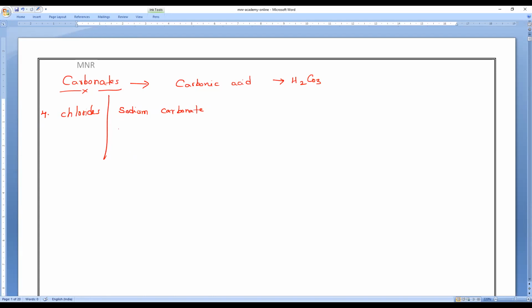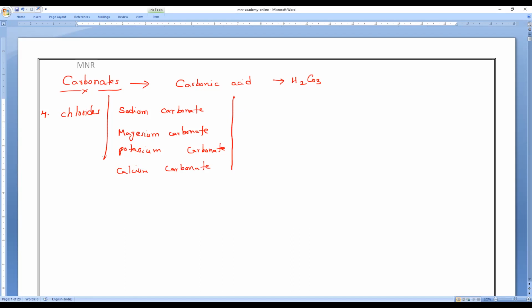Next one, magnesium carbonate. Next one, potassium carbonate. And next one, calcium carbonate.